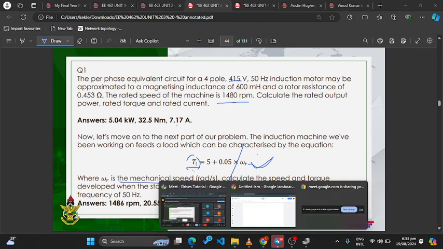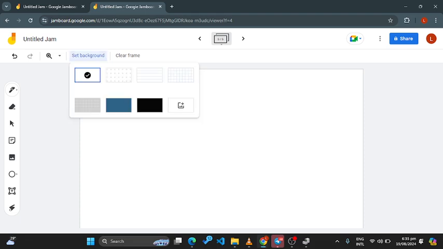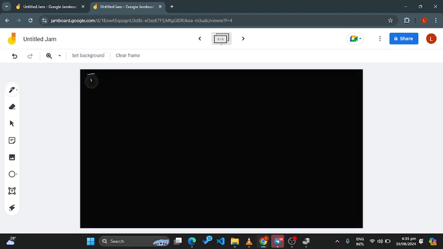Is that okay? So we know the electromechanical torque generated in the induction motor is given as 3 V1 squared times pole pair times resistance times S omega E, divided by omega E squared R squared.